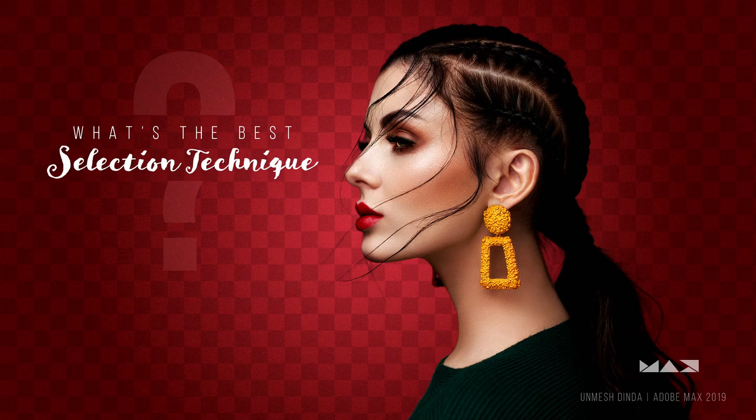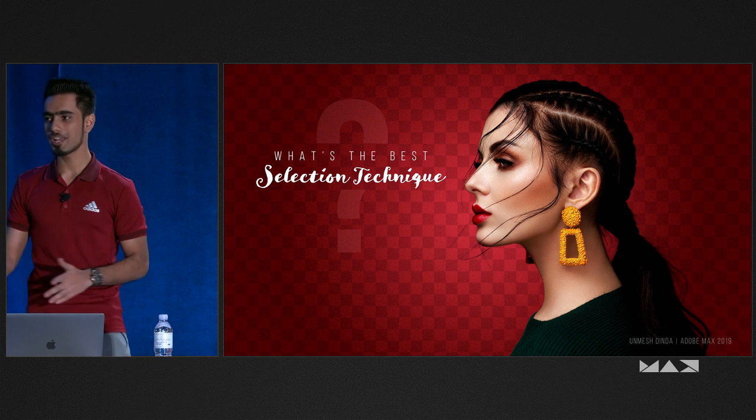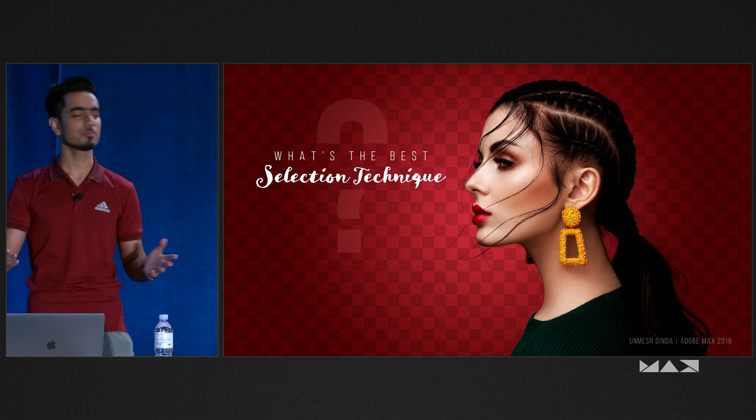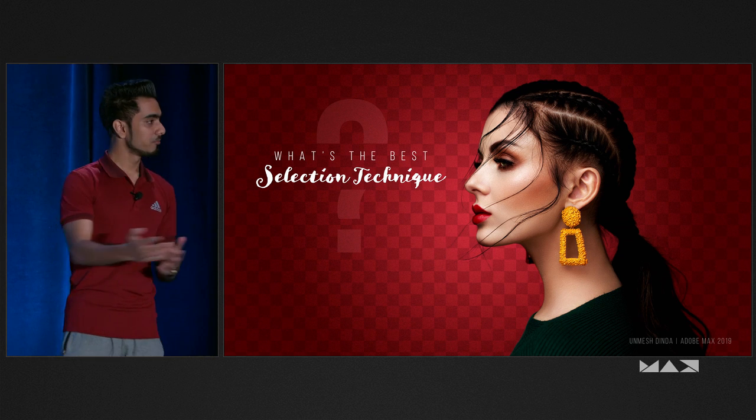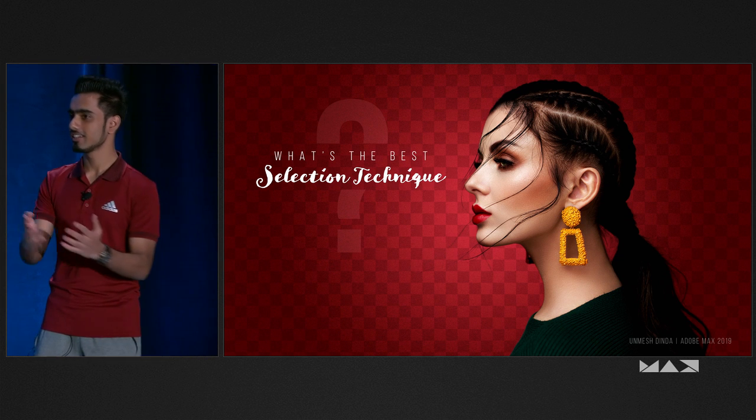What is the best selection method? Can anybody tell me what is the best selection method? Like you have zeroed in on it, like you really like it, that's the one you're going for. No matter what image is thrown at you, you just go to that selection method. What's the best? Pen tool, select subject. Anything else?